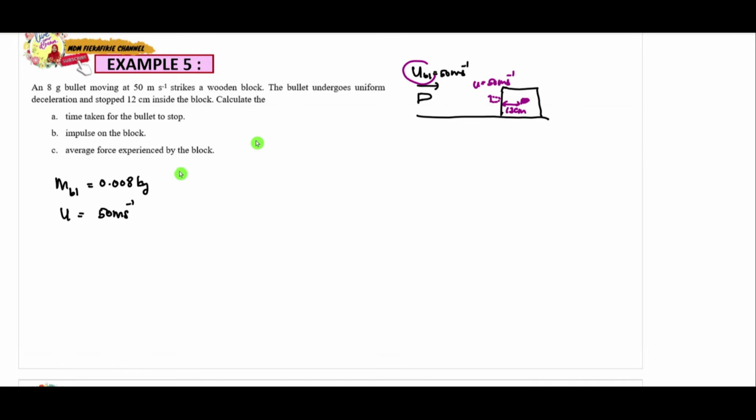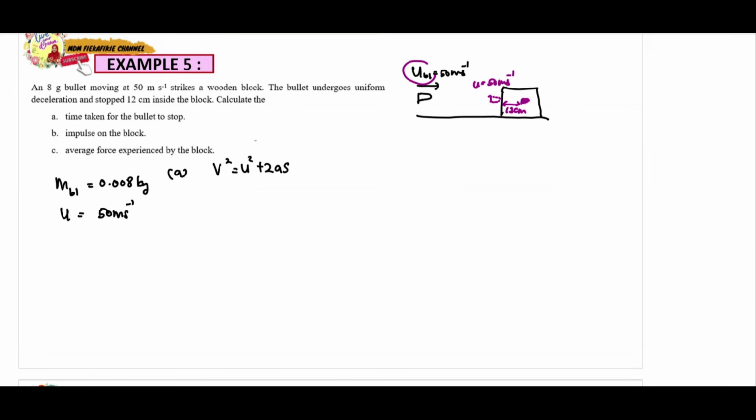Now we want to calculate the time taken for the bullet to stop. We can use the linear motion equation, but we don't have the deceleration. So in this case, we have two methods to solve. The first one, you can use this equation, v squared equal to u squared plus 2as.